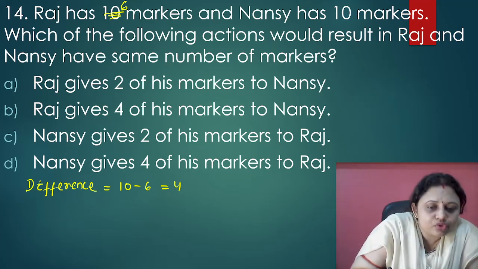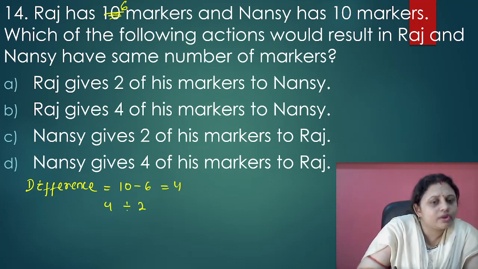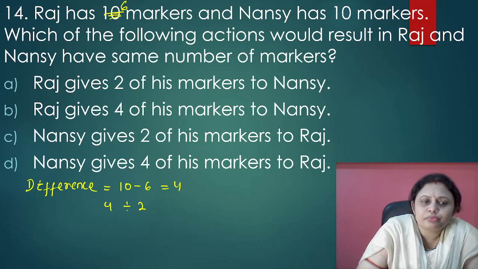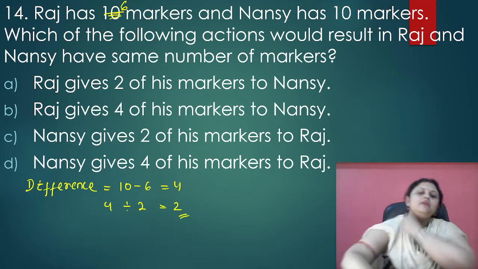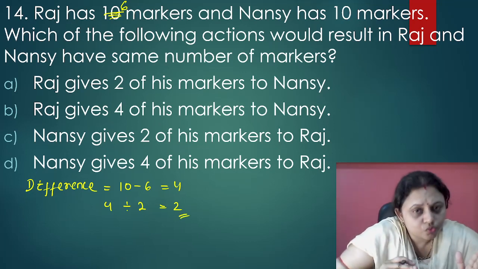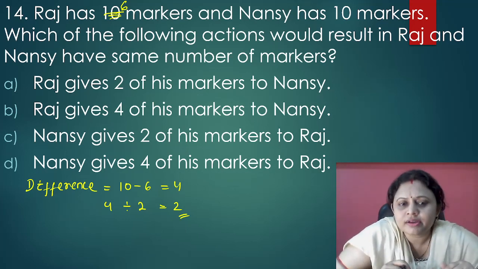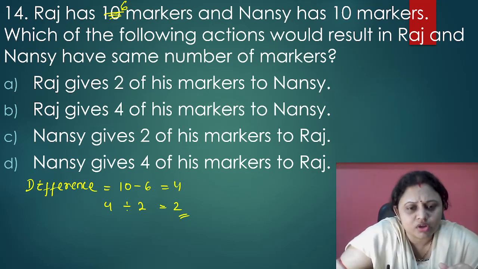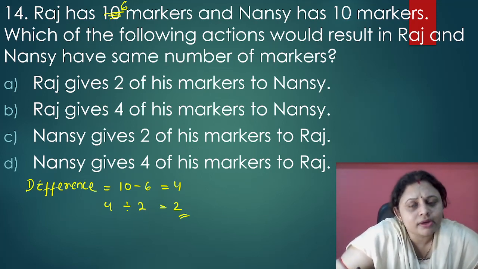So you have to divide this number, 4 divided by 2. Why 2? Because two children are there, Raj and Nancy. 4 divided by 2 is 2. So this is the number of markers which one should give to the other. Who should give? Who has more markers?